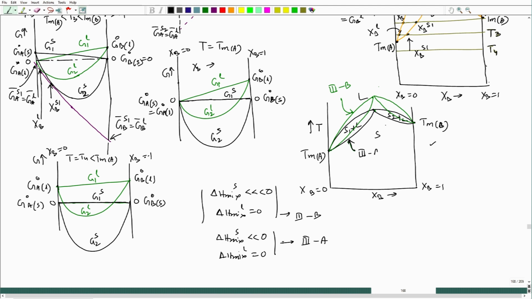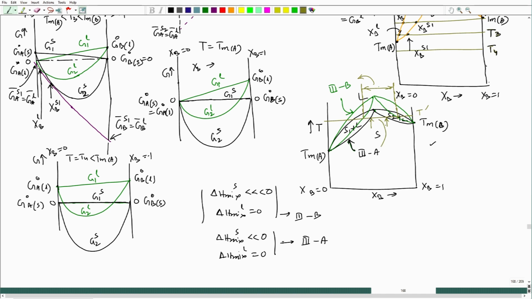Okay. So, now I see at a particular temperature, let us say I am taking this particular temperature, T prime. At that temperature, what was the solid stability? This was the solid stability for B, and for A the stability was this much.